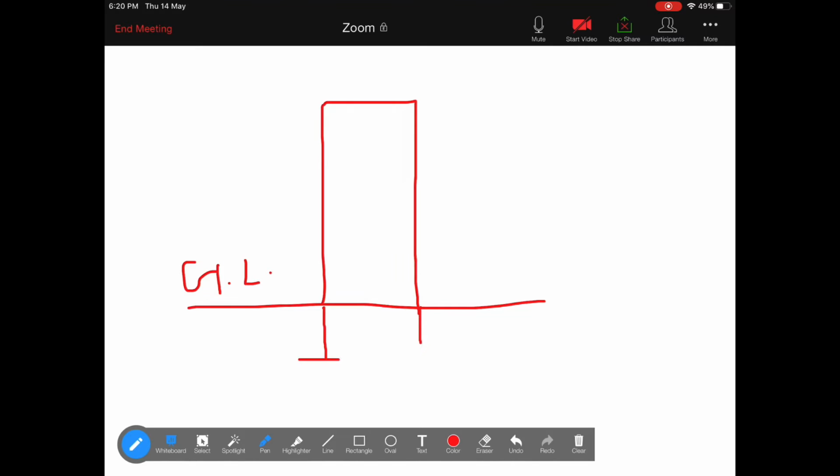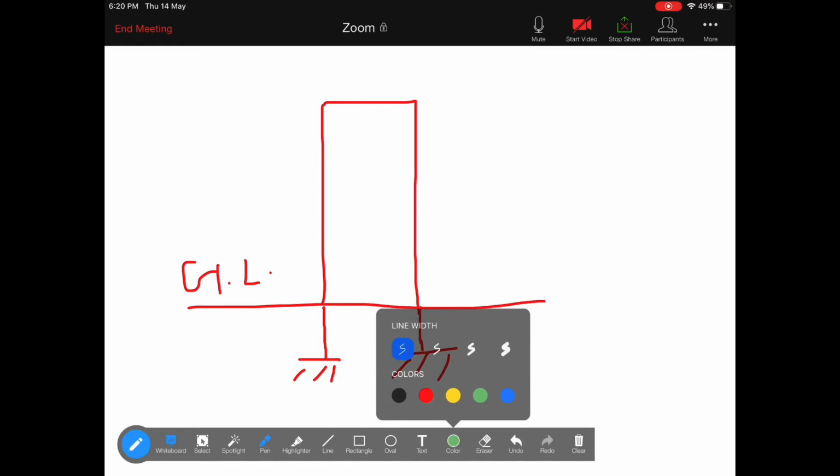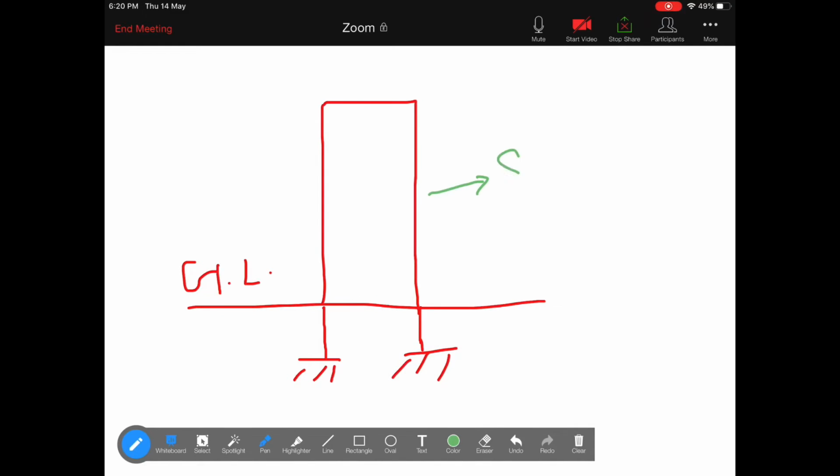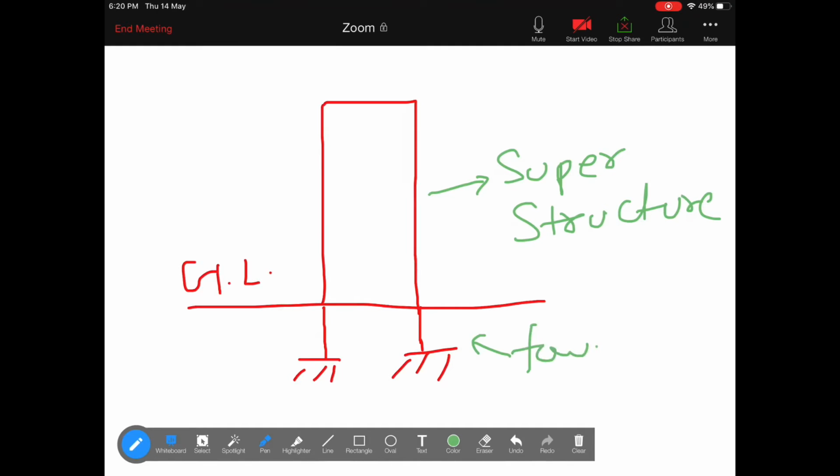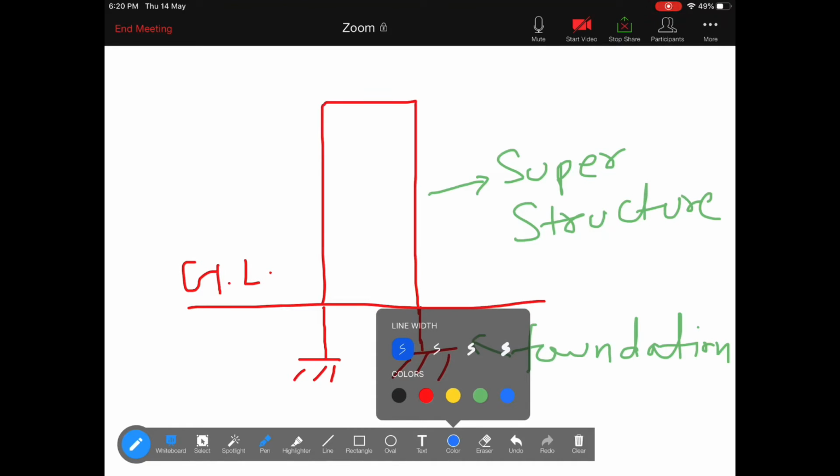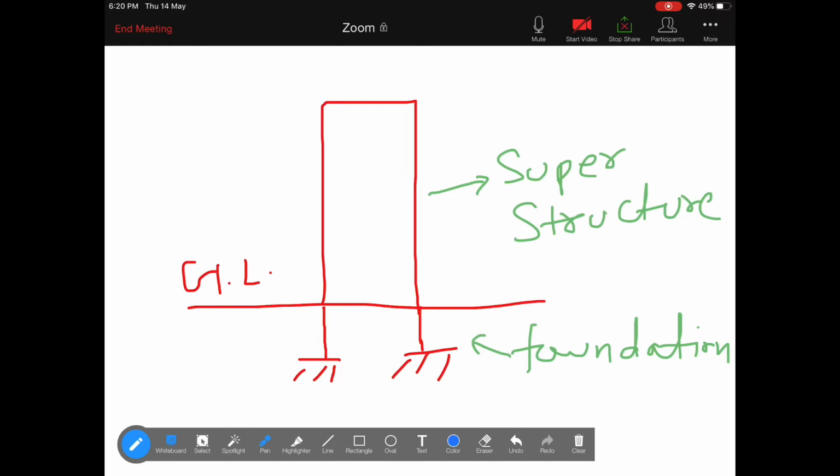This is the foundation of a structure, and this is the superstructure. The structure above the plinth level is the superstructure, and below the ground level is the foundation, and below the plinth is also known as foundation.